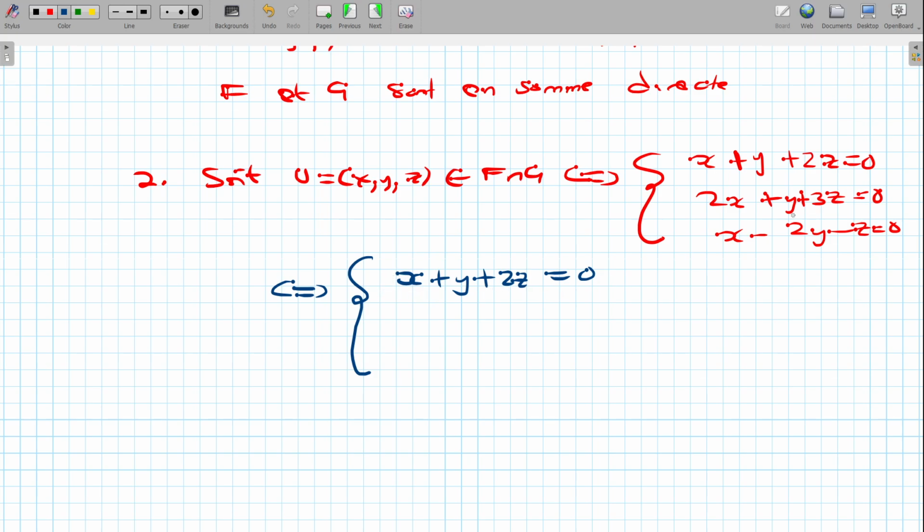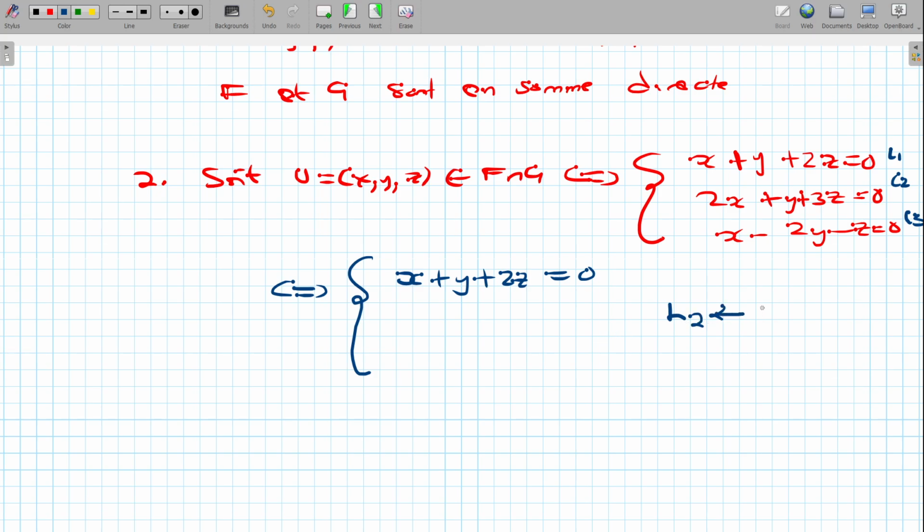So I need to now modify the second line. How do I modify the second line such that I get rid of x? Well, the first thing I have to do is to perform this operation. This is la ligne 1, la ligne 2, la ligne 3. The first operation I'm supposed to perform here is on la ligne 2. What is la ligne 2 going to receive?